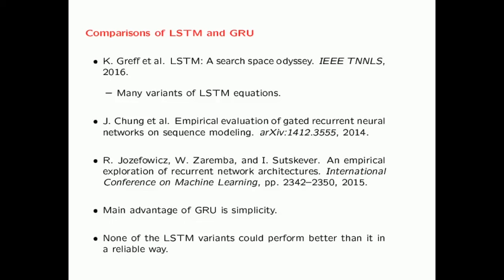Now the LSTM has also been compared to the GRU. There are some empirical comparisons in these two papers that I have listed here. In both of these cases, there isn't a clear winner between the LSTM and the GRU.